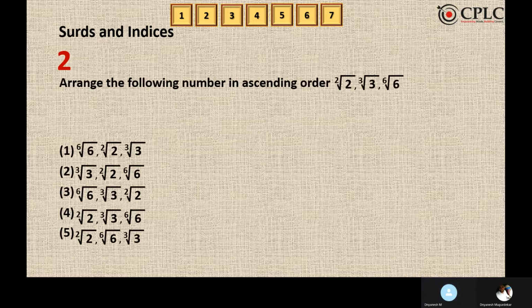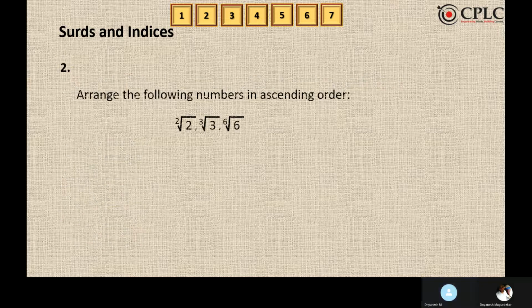Second one, arrange the following numbers in the ascending order. So simply you are going to use the formula of nth root of a. When you do that, nth root of a is a raised to 1 by n. So square root of 2 will become 2 raised to 1 by 2. Cube root of 3 will become 3 raised to 1 by 3. And sixth root of 6 will become 6 raised to 1 by 6.